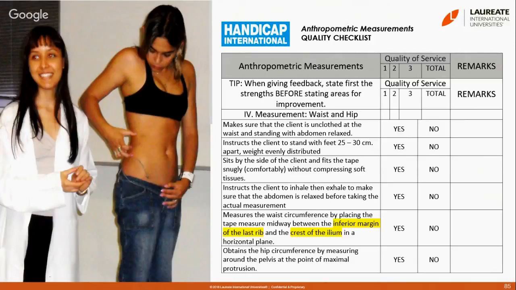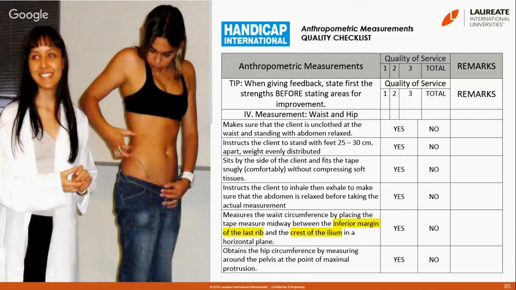So here the students do not have to perform an anthropometric measurement. They just have to know, for example, where the inferior margin of the last rib and the crest of the ilium are. So we use this to show the students why they are learning something, what the meaning of that is.